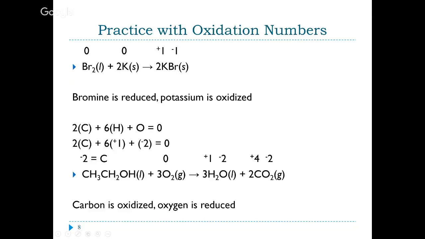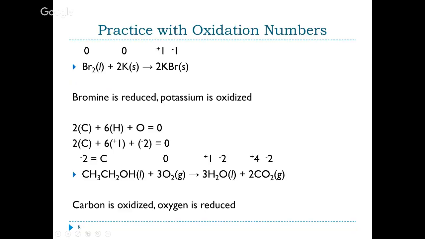Here, this looks a little tricky, but if we break this down and just look at how many carbons we have: 1, 2. How many hydrogens? 6. How many oxygens? 1. We know that this all has to equal 0 because this is a neutral compound. I don't know the charge on carbon because carbon can change.